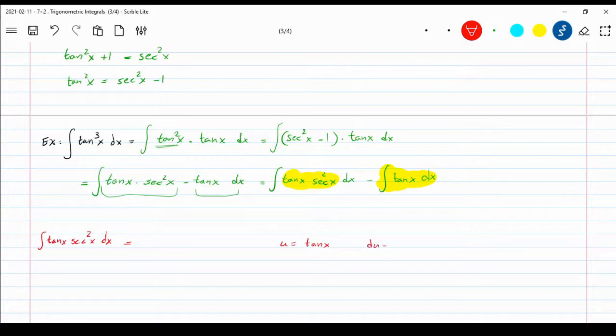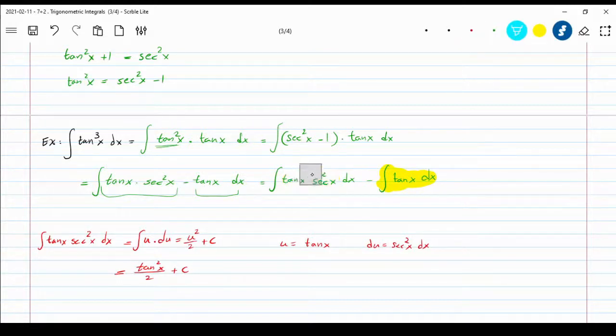Then du would be simply secant squared x dx. And what do we have? We have the integral of u times du, and that integral is u squared over 2 by the power rule plus some constant. So u squared would be tangent squared x divided by 2 plus some constant.